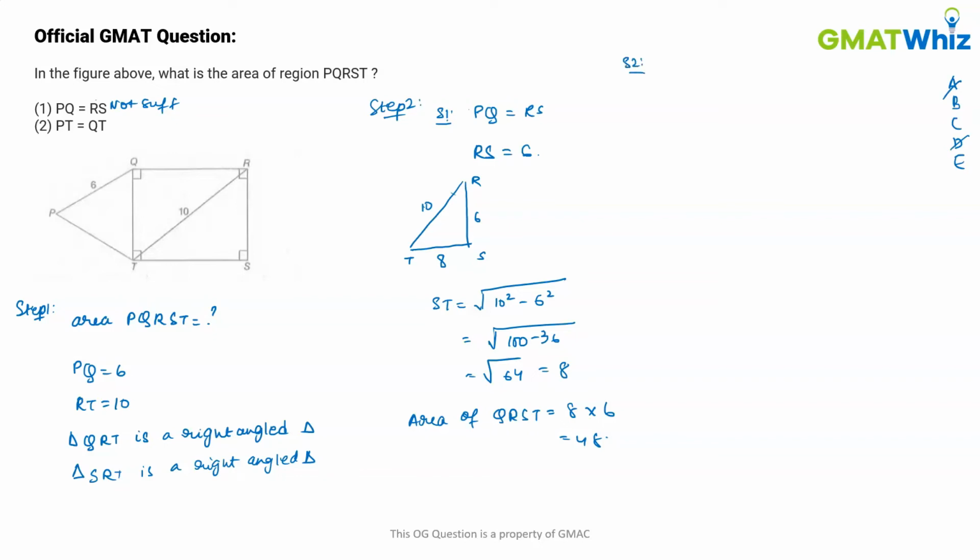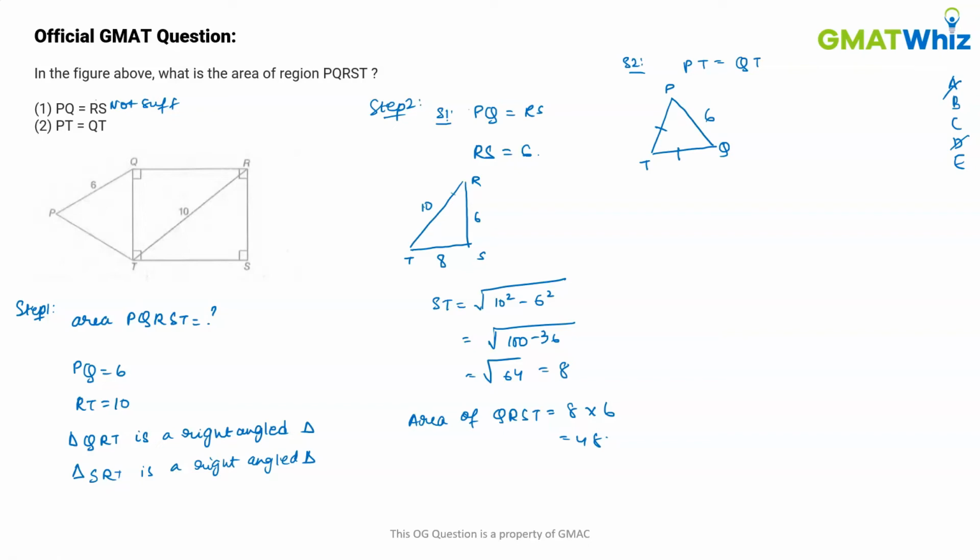In statement 2, we are given that the value of PT is equal to the value of QT. Now, if I redraw the diagram again with the triangle P, Q and T, we know that the value of PT is equal to QT and PQ is equal to 6.